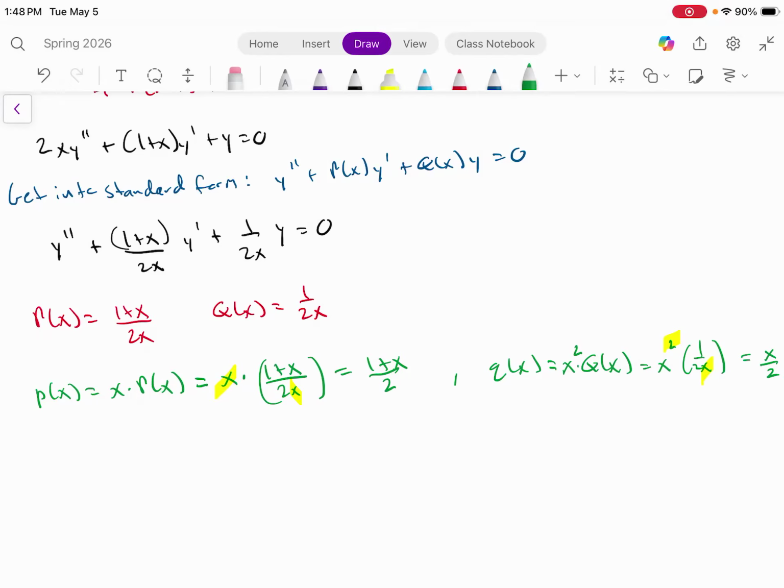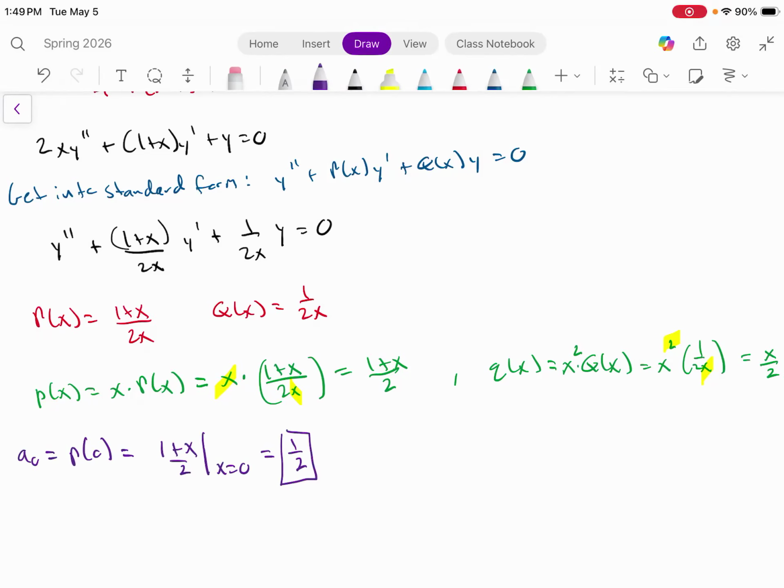And so when we're trying to find a naught and b naught, a naught is little p evaluated at 0. So I'm going to take that (1 plus x) over 2 and evaluate it at x equals 0. And so what do I end up with? I end up with just 1/2 when I plug in 0.